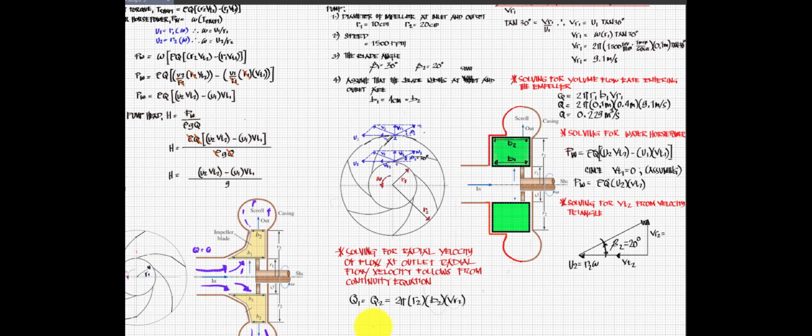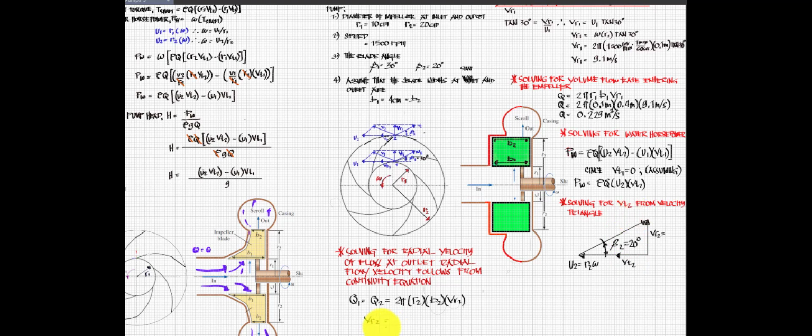So we can directly look for the value of VR2 since these are given. This is needed to solve for the velocity VT2, the tangential flow velocity of the fluid at the outlet.